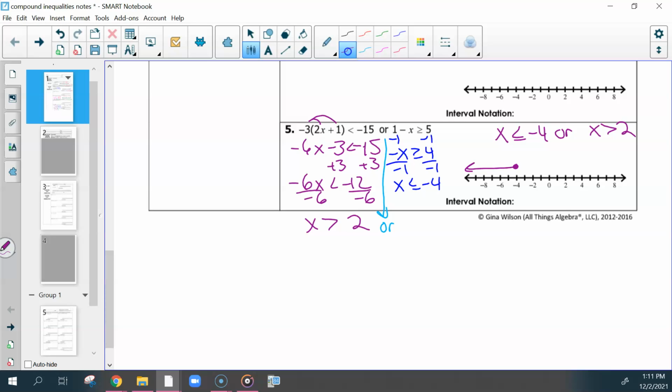X is greater than 2 would be an open circle to the right. And then the interval notation would start at -infinity, go to -4 and stop. It's included, so that would be a square bracket. Or start at 2, but it's not included, and go to +infinity.